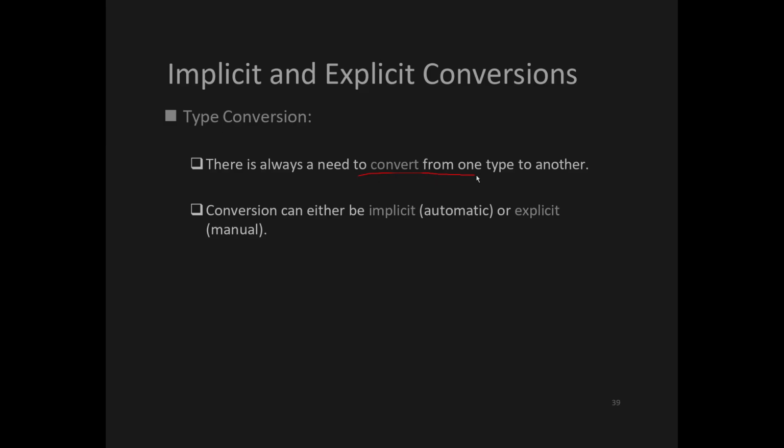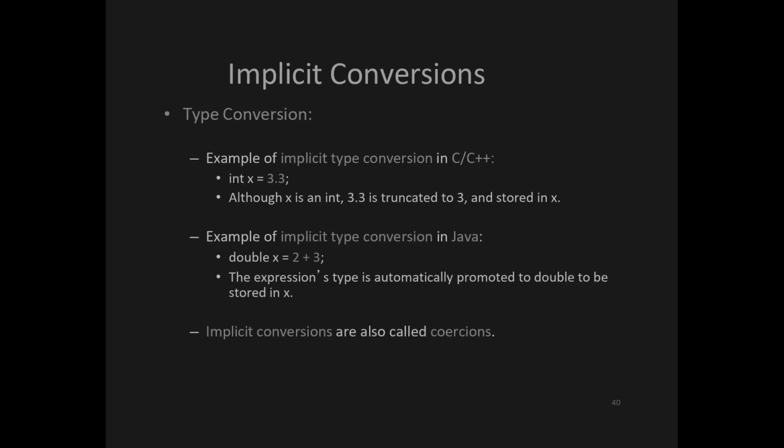Usually you will need to convert from one type to another, and this can be implicit or explicit. An implicit one is if you, for example, have an integer x and you assign to it a double value or a floating point value. Now this is going to just convert the 3.3 into a 3 and assign it to x, okay?